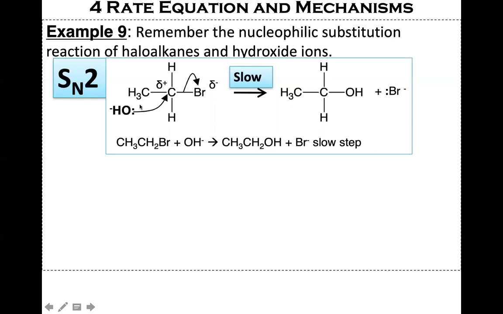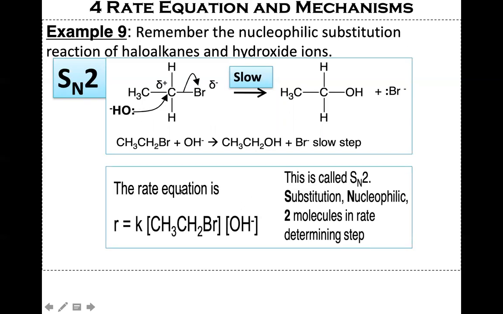Both of them appear in your rate equation, right? And since the quantity of each is only one, the order is 1 respectively. Halogenoalkane raised to the power of 1, hydroxide ion, which is your nucleophile, raised to the power of 1.